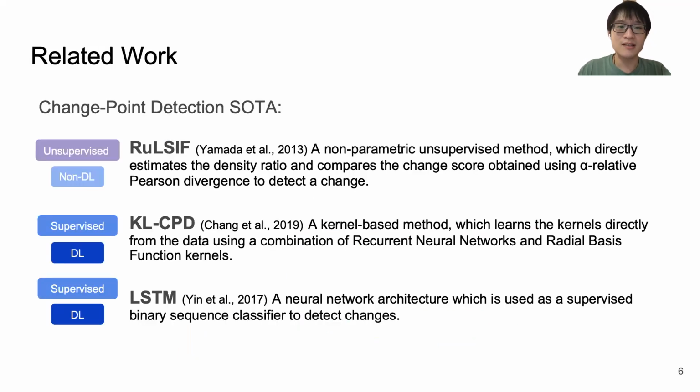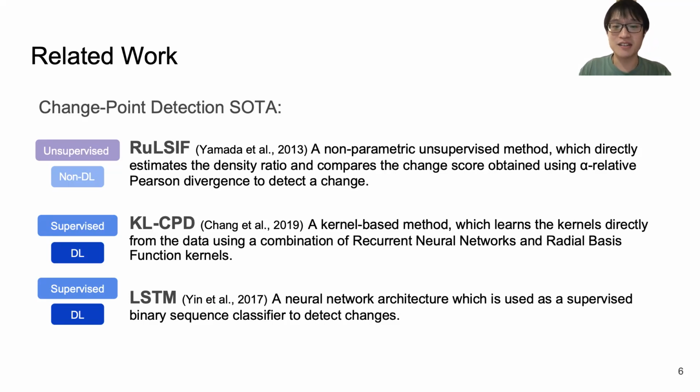The existing change point detection methods can be divided into unsupervised and supervised learning methods, or non-deep learning and deep learning methods. For example, RuLSIF is a non-parametric unsupervised method which directly estimates the density ratio and compares the change score obtained using alpha-relative Pearson divergence to detect a change.